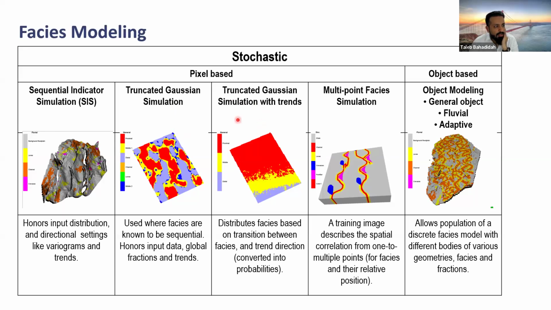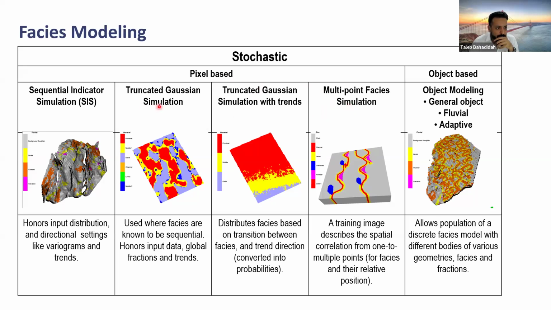And we have another tool called multi-point facies simulation. All of these are located under the pixel-based model, but these three are using a 2-point facies model. Here we have the multi-point facies model, more than 2 points to distribute your property.